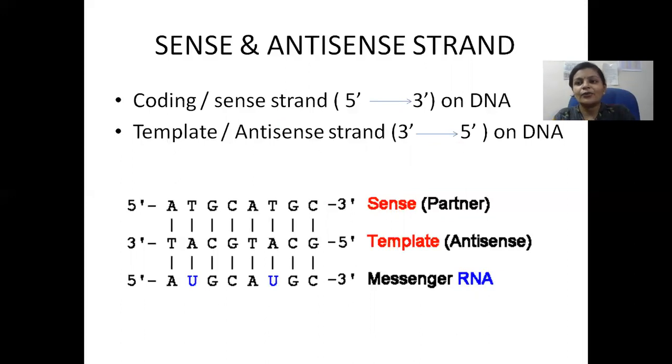This is the sense strand, and it contains the 3-letter codon sequence. As the viewers can understand, the mRNA is made up of 3-letter codons, and each 3-letter codon corresponds to an amino acid. This is what we call the genetic code, the details of which will be dealt with in another video on the translation process.